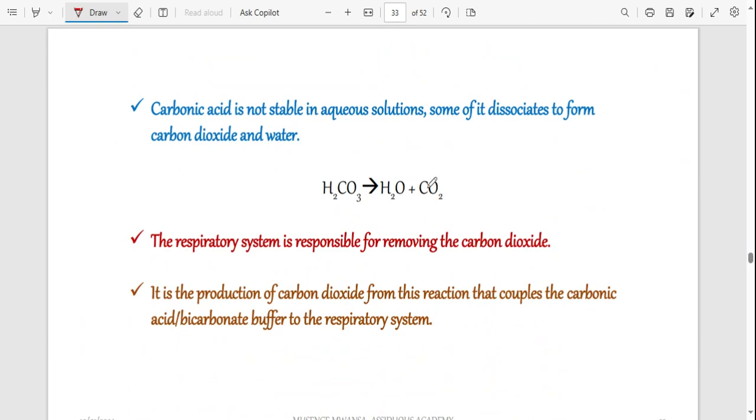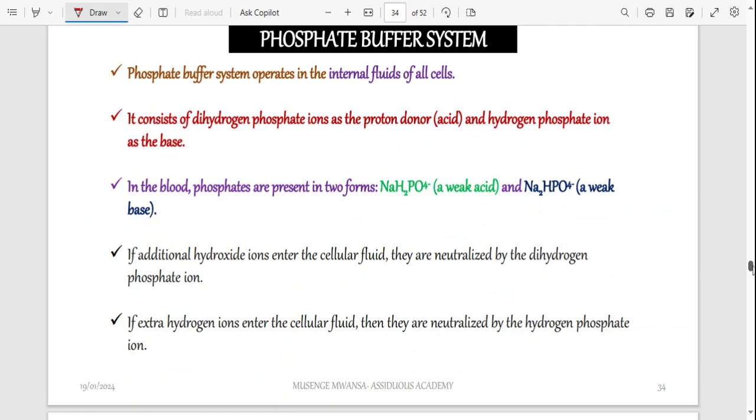So it can be converted to carbon dioxide. Now this carbon dioxide is going to be expelled from the body via the respiratory system. That is why the carbonic acid bicarbonate buffer is related to the respiratory system, because of this carbon dioxide that has to be expelled.